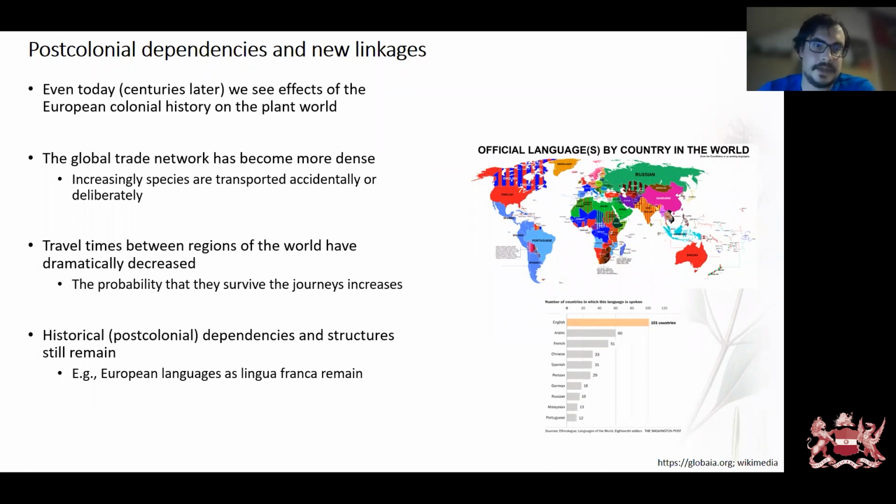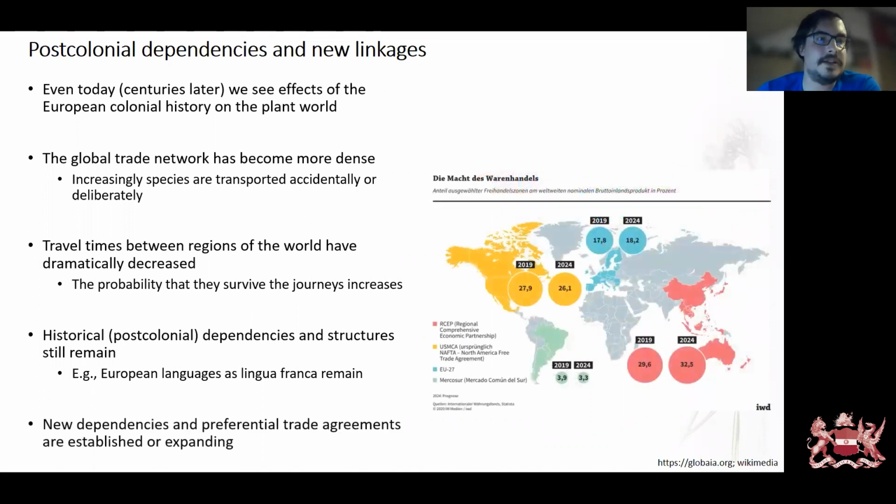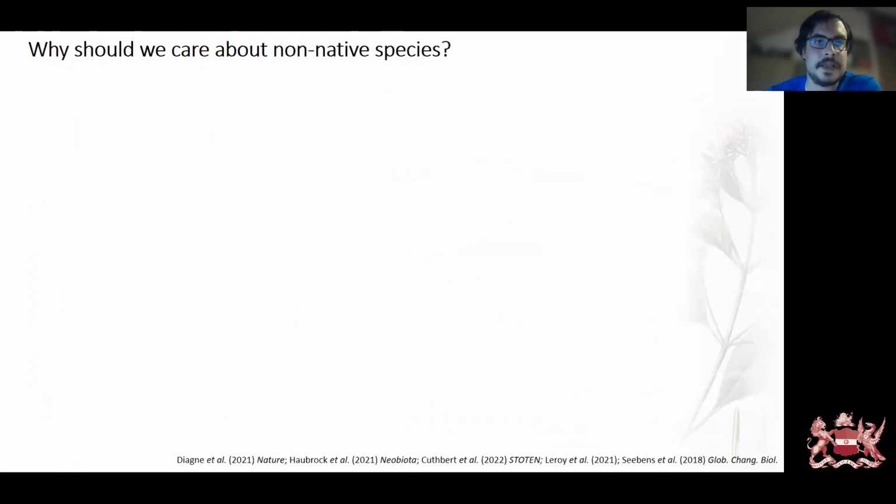And economic theory shows that common languages still drive preferential trade and exchange between regions. Finally, we are creating new dependencies and preferential trade agreements that are establishing or expanding, like the free trade agreements or transoceanic free trade treaties that we're seeing today.